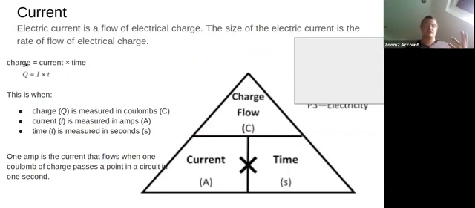Here is the equation. The charge is the current times the time. But in science, we sometimes like to be a little bit lazy, and we use just a single letter instead of a whole word. So Q equals I times T is the same as charge equals current times time. We're using Q for charge. Now that's a little bit confusing, because why not use C for charge?